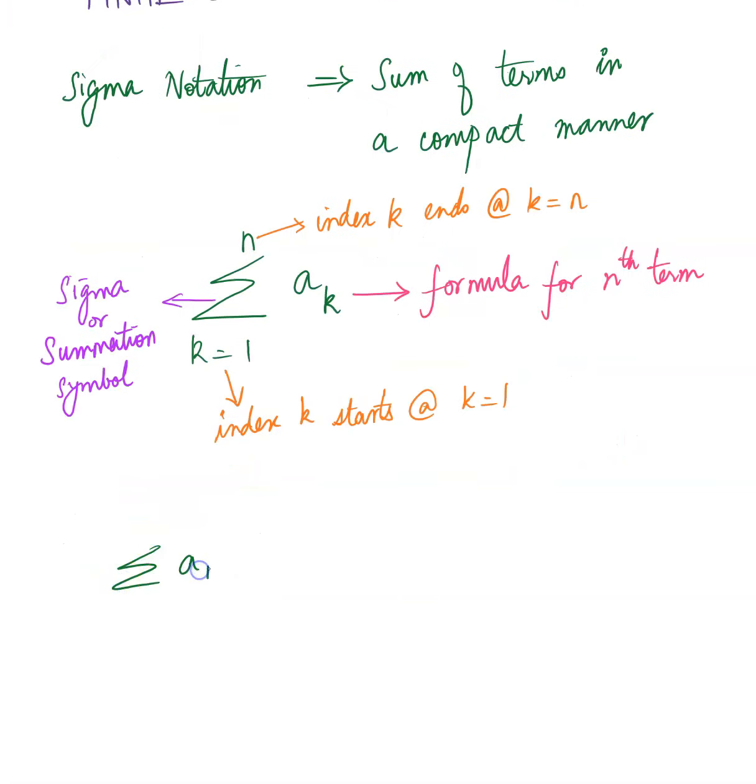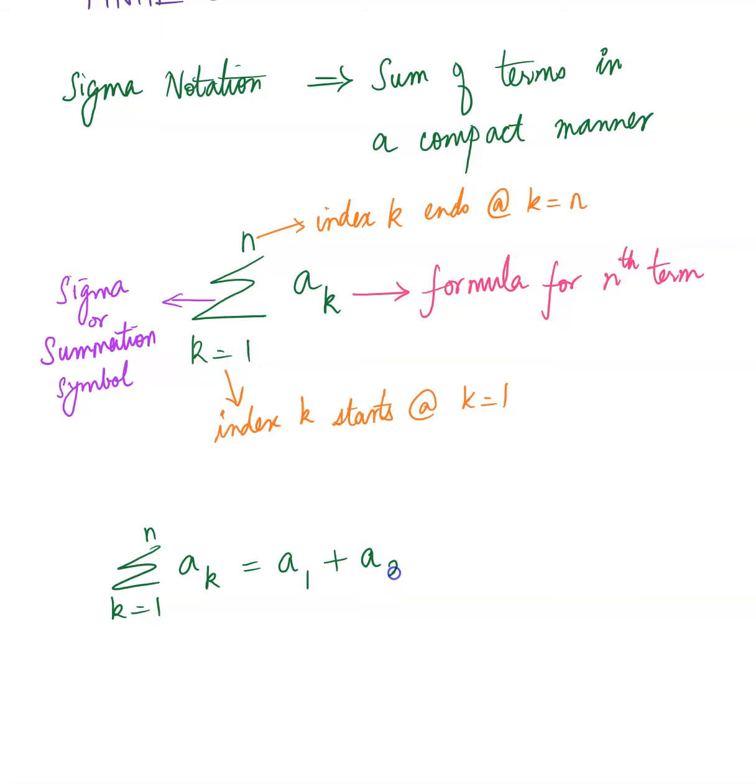Therefore, summation a_k, k equals 1 to n means it's a sum of all these a_k terms. So k is 1, that's the beginning one, and it's always integers. So the next number after k equals 1 is k equals 2. You don't have any other real numbers in between that can be used, so it's only integers.